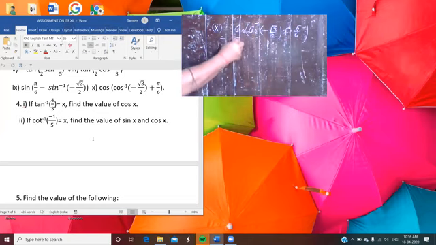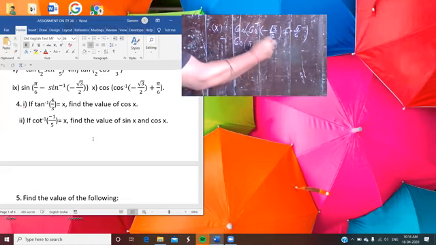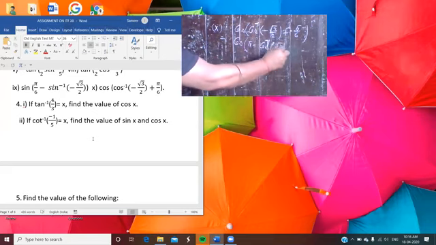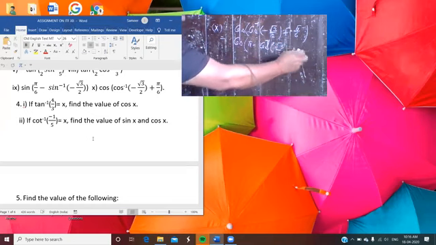Cos inverse minus x is equal to pi minus cos inverse x. First you learn all the properties related to inverse trigonometric functions and also the formulas of class 11. So cos inverse minus root 3 by 2 is equal to pi minus cos inverse root 3 by 2, plus pi by 6.